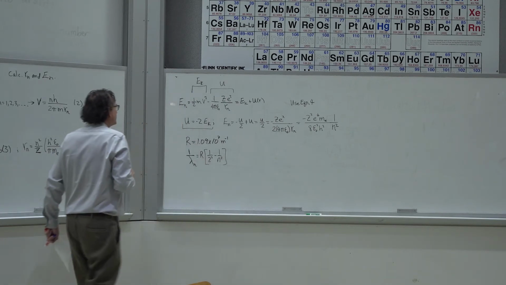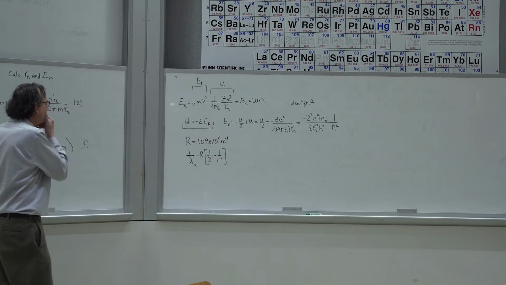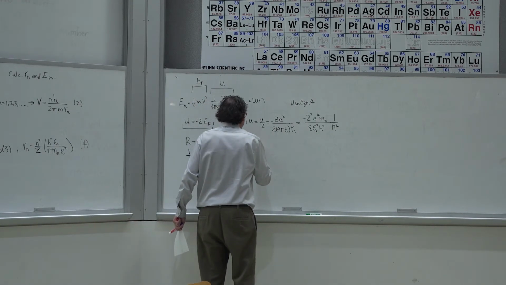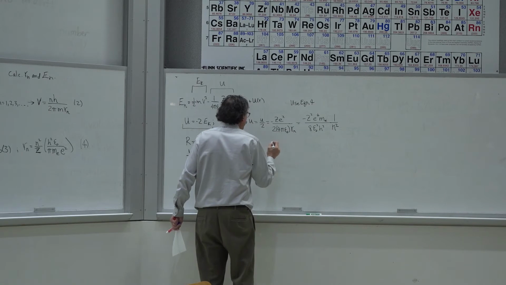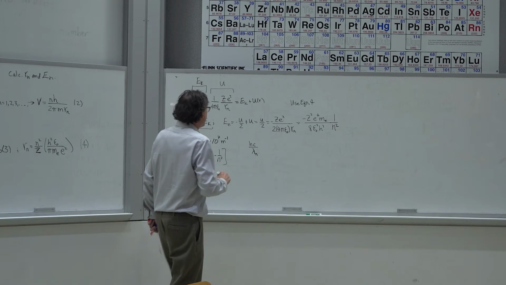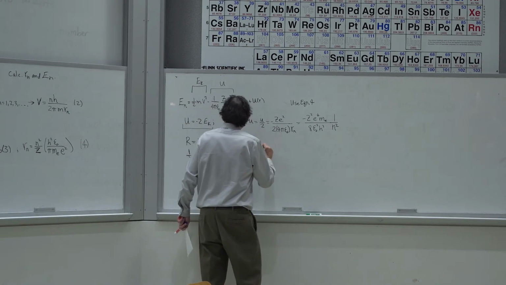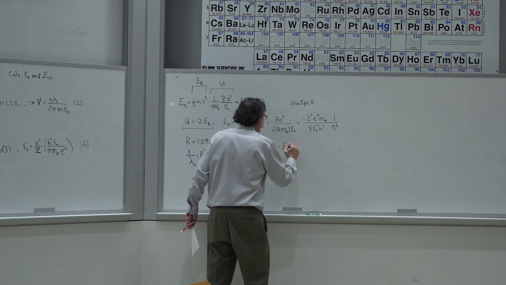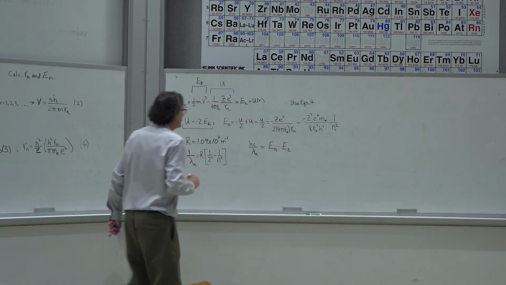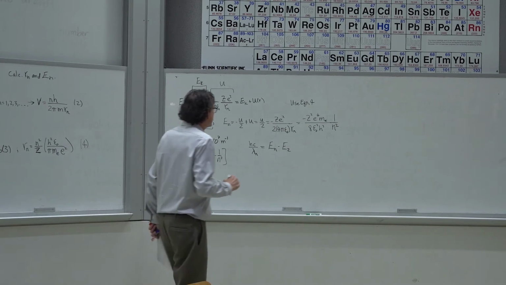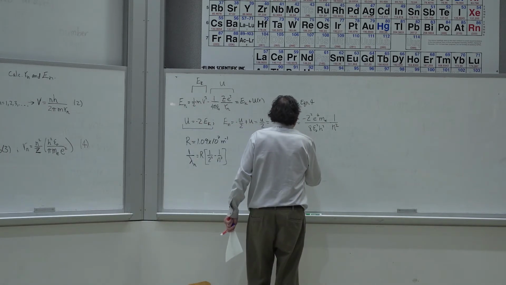And now we have a way to do that, because using the Bohr theory, we know that hc over lambda sub n is given by the difference in the energies, E n minus E 2, which is what the formula is telling us.